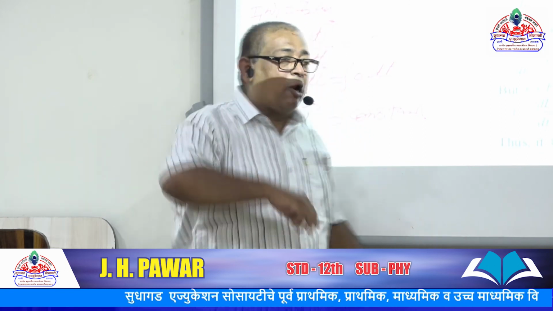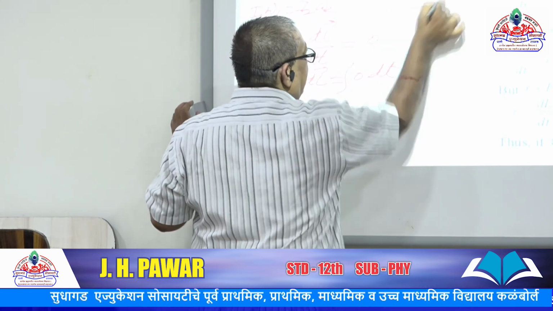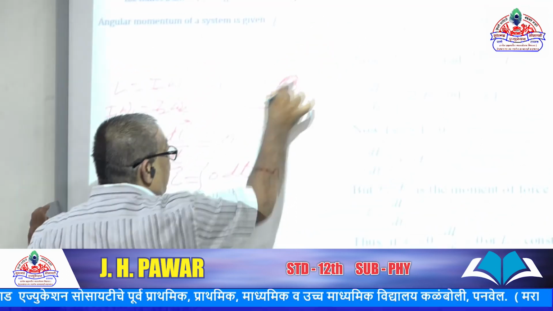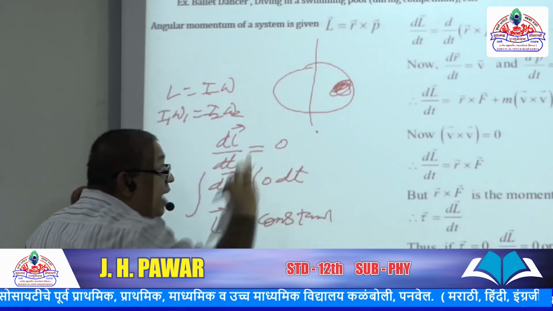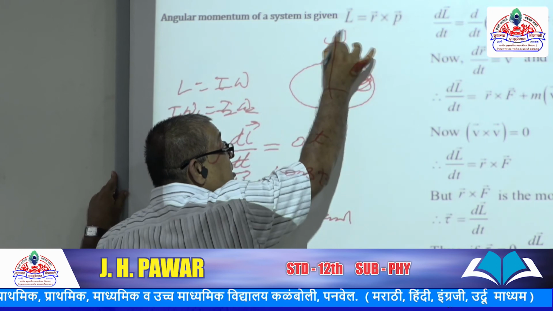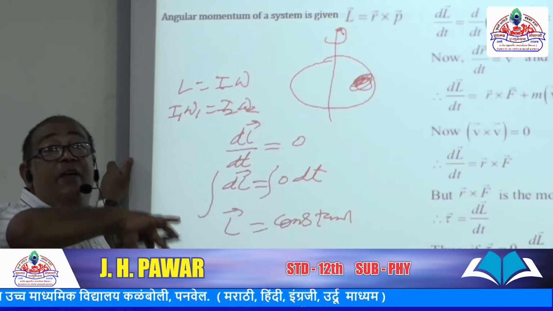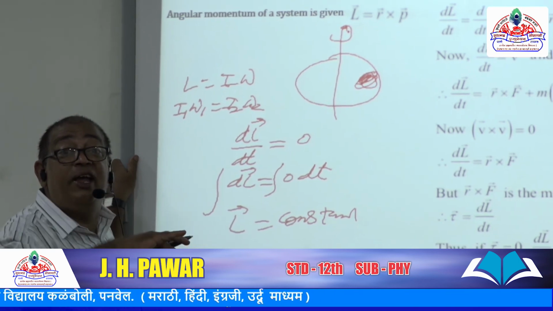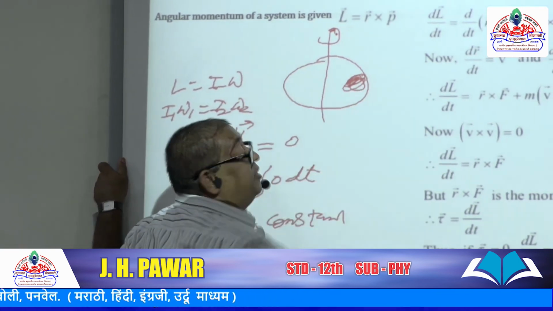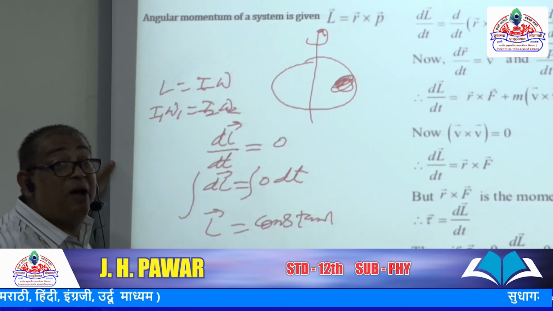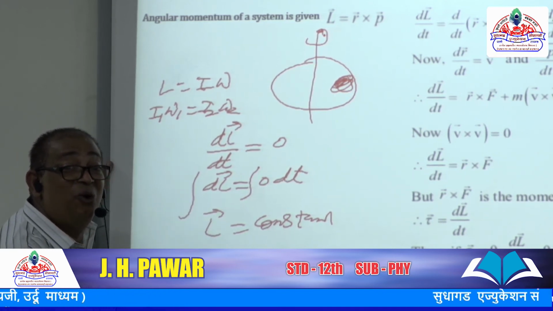But in a raw egg, there is a yellow portion which is the heavy portion. When it rotates about the axis of rotation, because of centrifugal force this yellow portion, the heavy particles inside the raw egg, goes away from the axis of rotation.